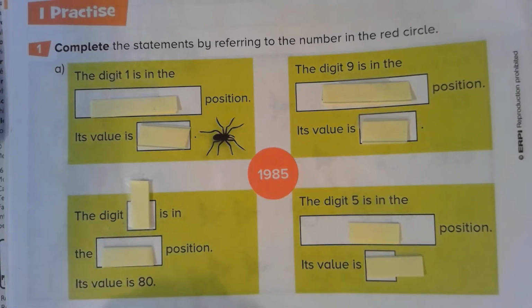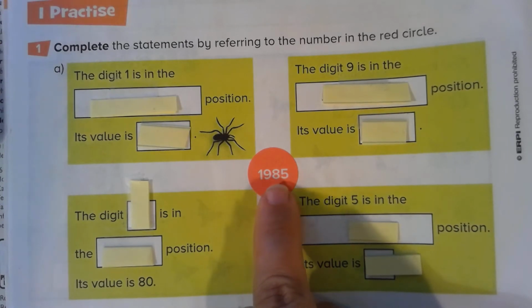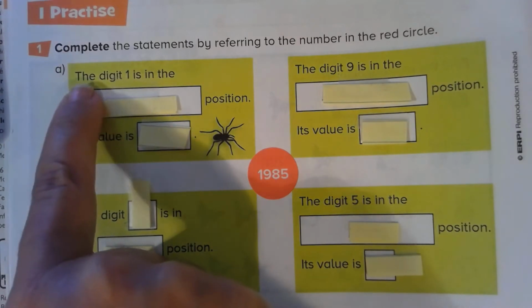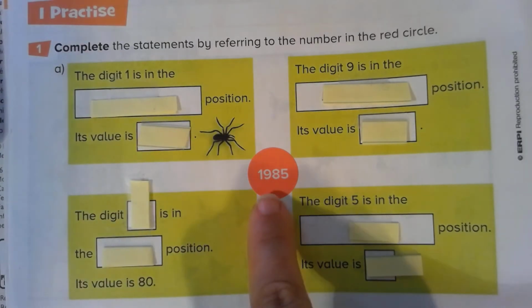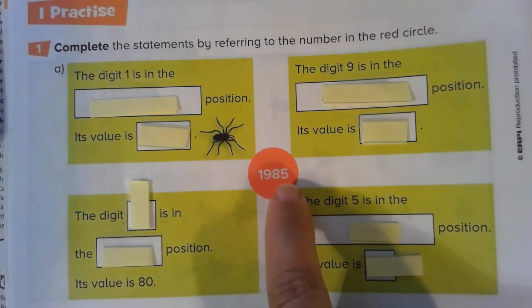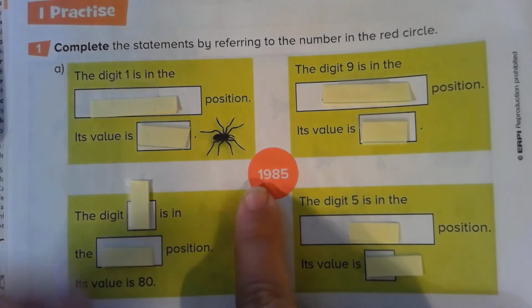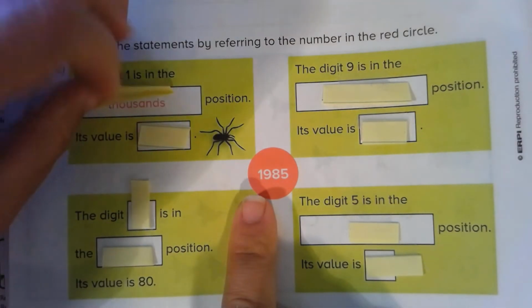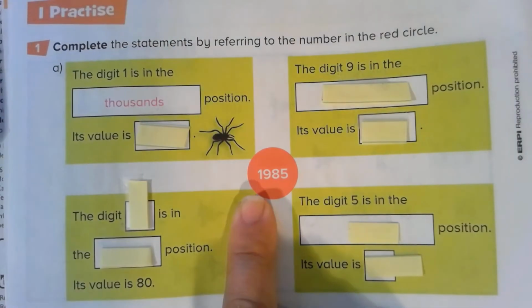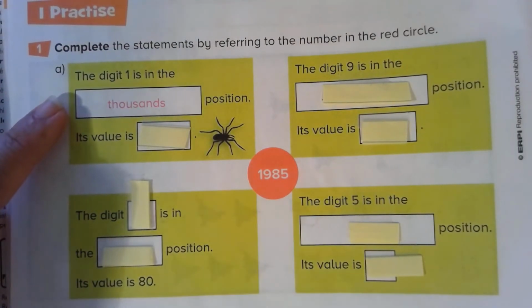The digits in this number are 1, 9, 8, 5. So the digit 1 is in what position, what column? It's in our ones, tens, hundreds, thousands position. Let's check our answer. Yes, you're right. It's in the thousands position.